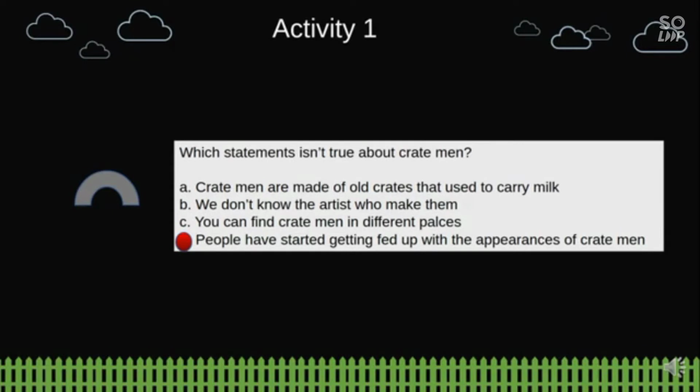And then you can find crate men in different places. This is also a true statement. They say you can see them climbing a fence or beside the creek and then climbing a skyscraper. So these are the true statements, and only the last one is false, because people are actually very impressed with this treatment. Okay, so that is activity one.